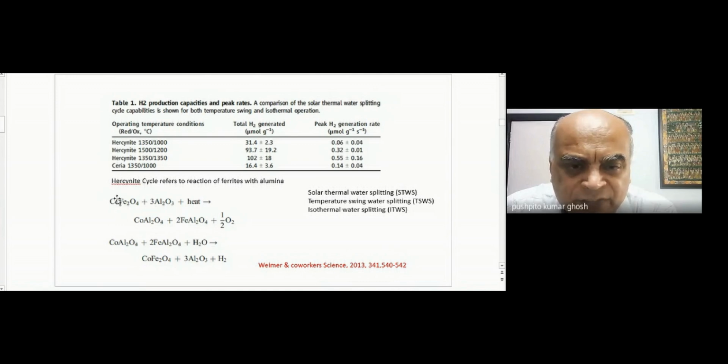Just like the previous cases, I am recycling all these compounds, and finally my input was H2O over here, and my output is H2 plus half O2. So again I have done water splitting, and this time I have done it under isothermal conditions.